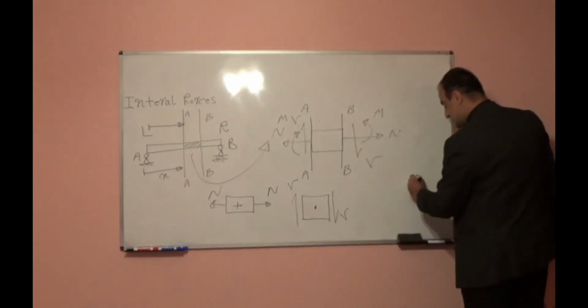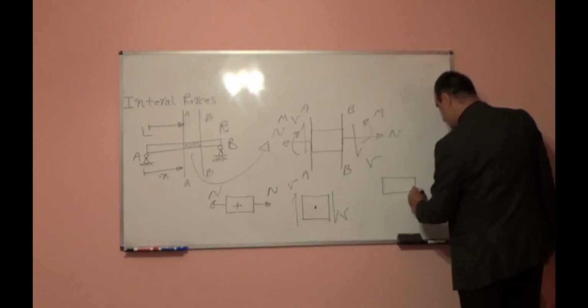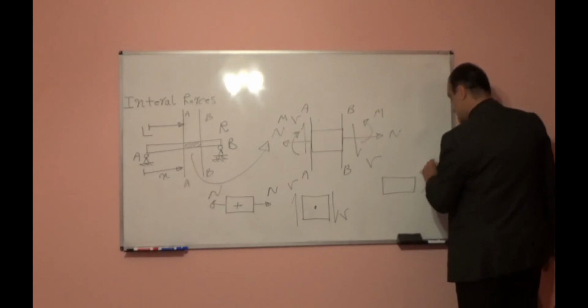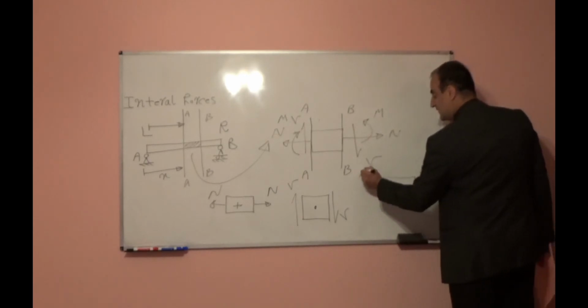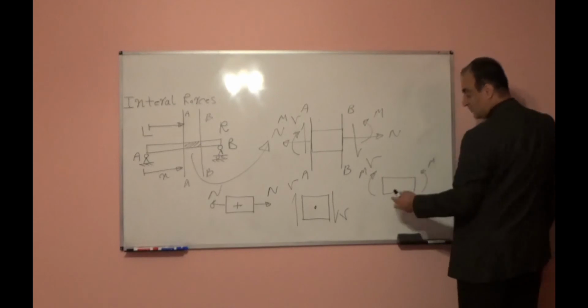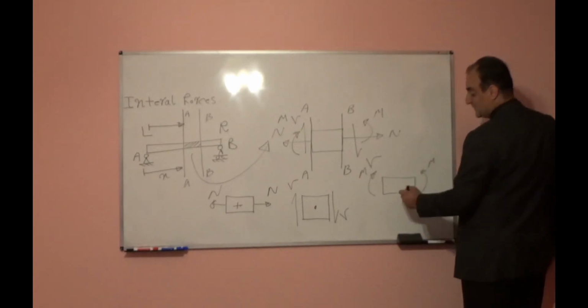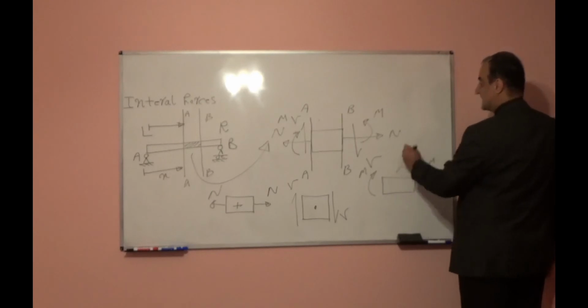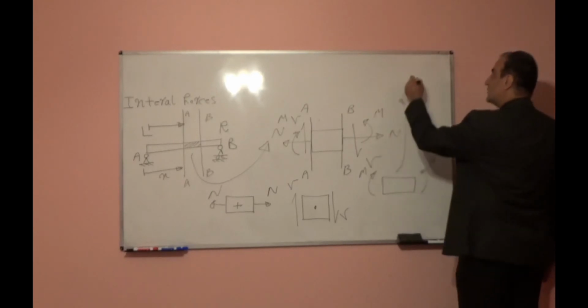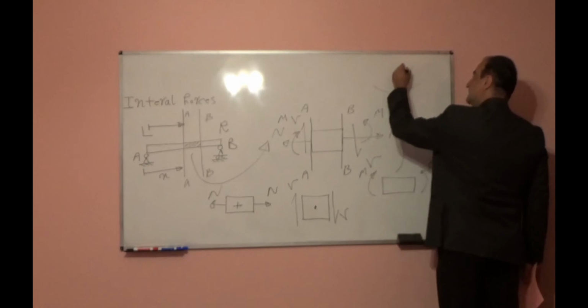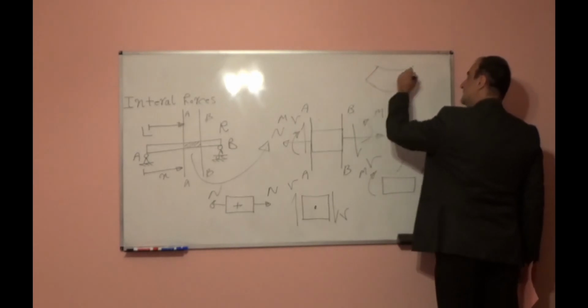Bending moment is positive if it bends the beam like this. If you apply bending moment in this direction, it is positive. The deformed shape of that segment, if we apply bending moment in that direction, will be like this.